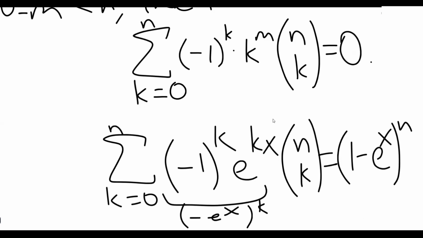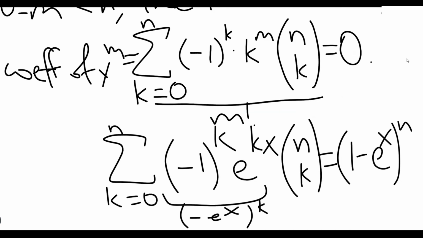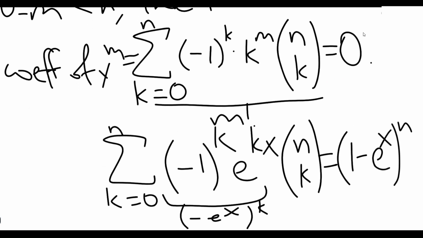So the coefficient of x to the m will be exactly this thing, but divided by m factorial. So basically, we want to show that the coefficients of x to the m, as long as m is less than n, will be 0.